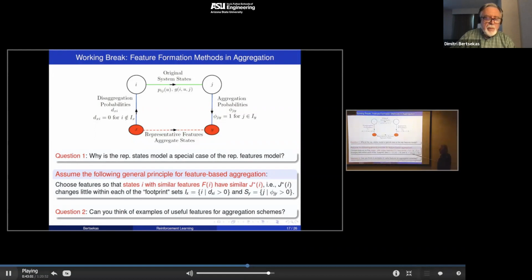In other words, J star changes little within each of the footprint sets where these probabilities are positive. Can you think of examples of feature schemes that would fulfill this type of condition? What would be useful features to choose in this context? Let's take just a few minutes to think about that.